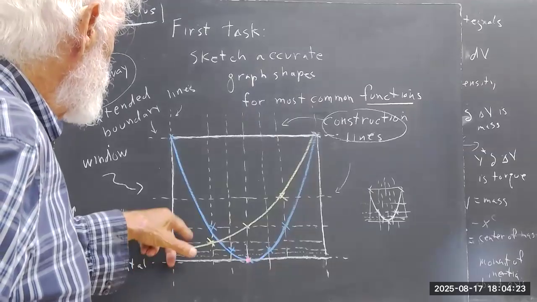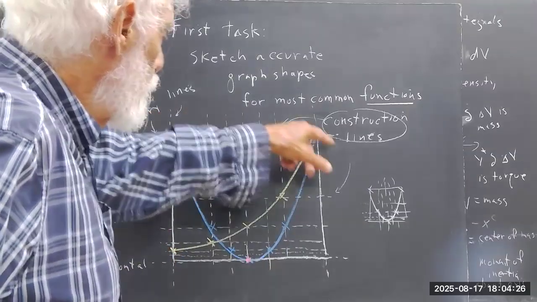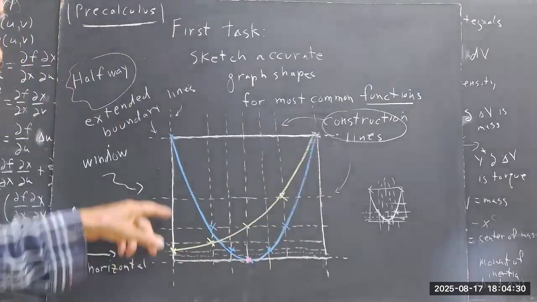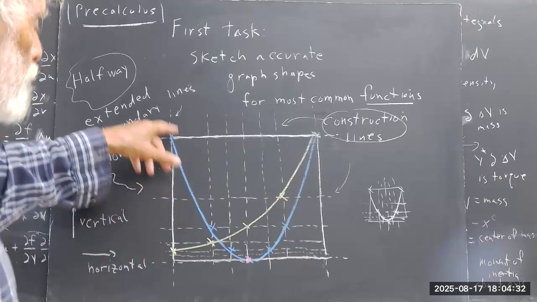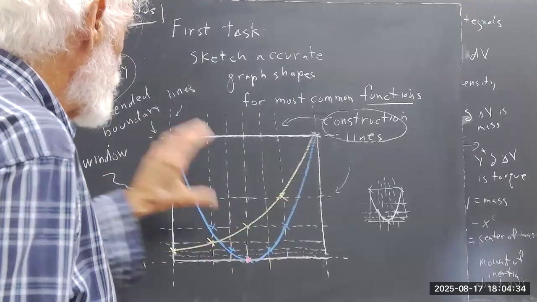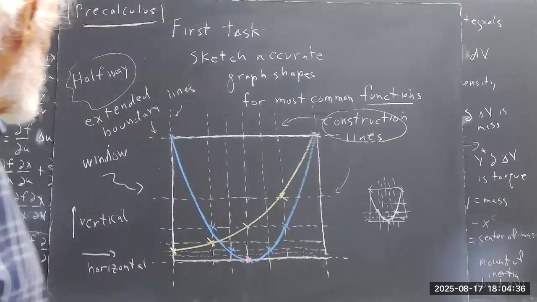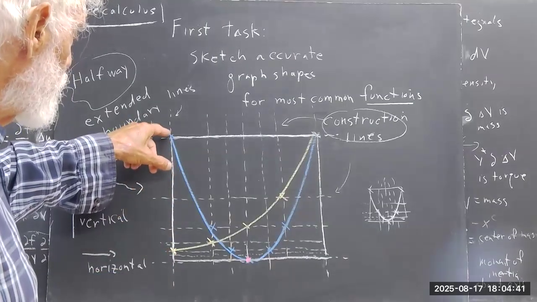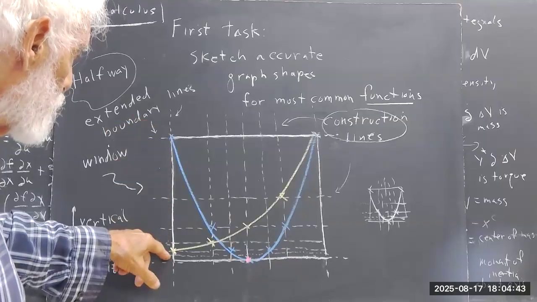If you graph these functions on a calculator, they're graphed in a window. So this rectangle here is your window, and we've sketched these curves within this window. We have the boundary lines. This is the left boundary.